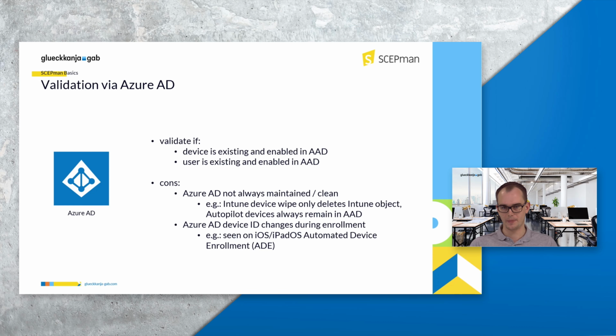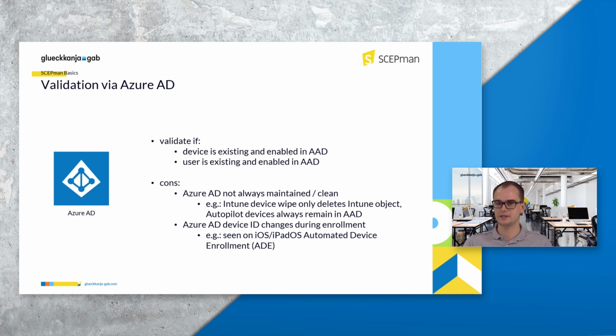Over time, we have seen some drawbacks here. One thing is the Azure AD itself is not always maintained and cleaned up by the customers. Important to know here is that Intune and Azure AD store independent device objects. So when you enroll a device to Intune, you will get an Intune object and an Azure AD object. The Intune objects themselves are often removed.